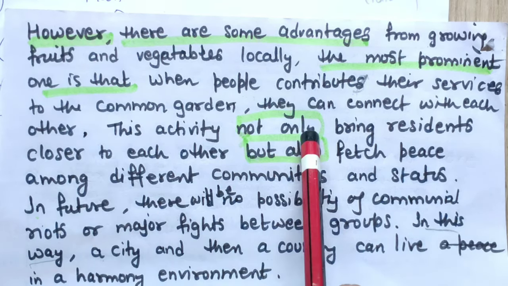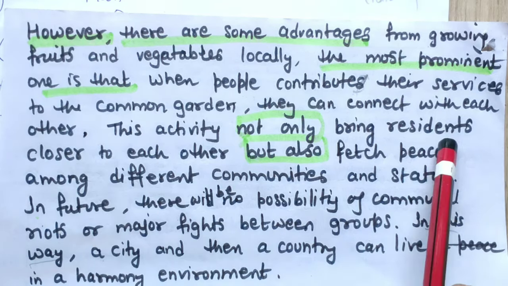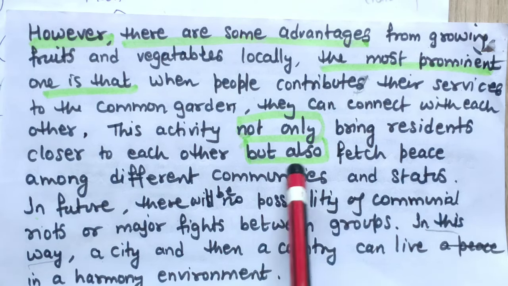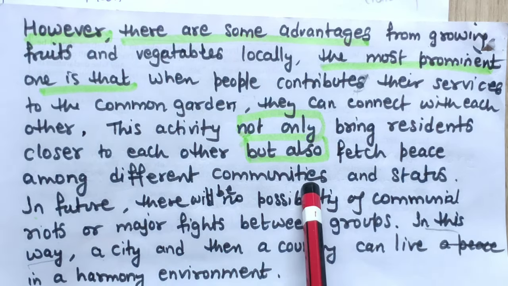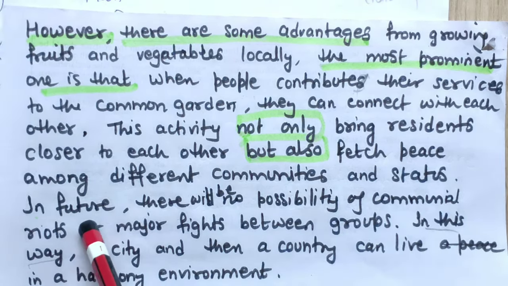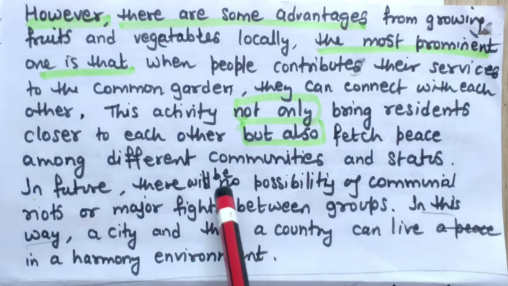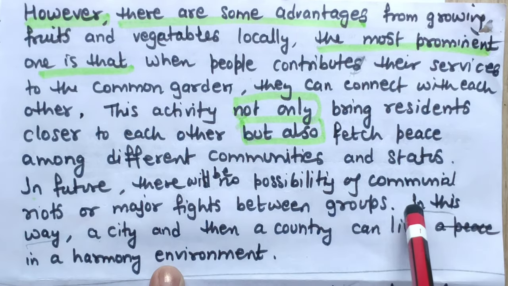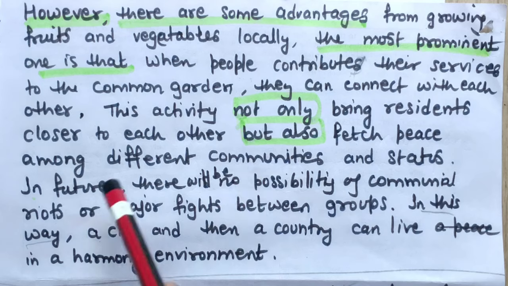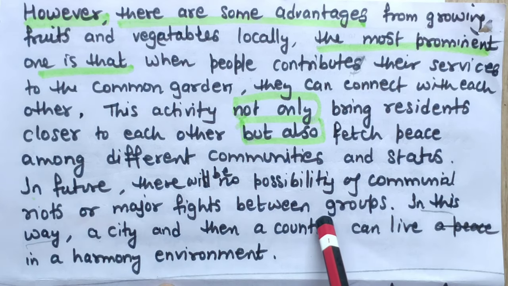This activity not only bring residents, see this, "not only but also", sentence structure. This activity not only bring residents closer to each other but also fetch peace among different communities and status. In future, there will be no possibility or probability, you can write, of communal riots or major fights between groups.